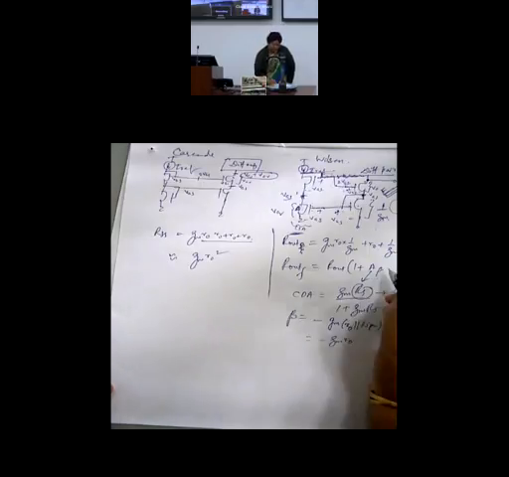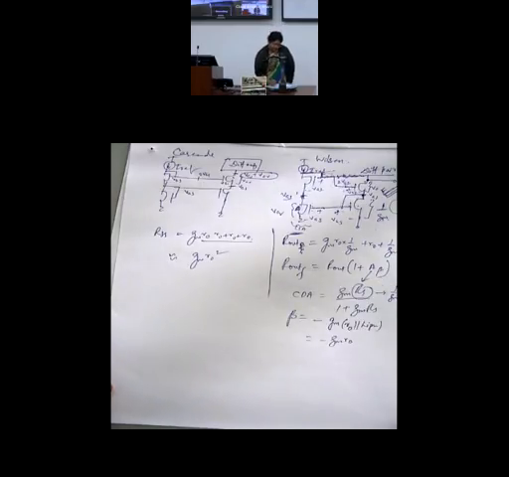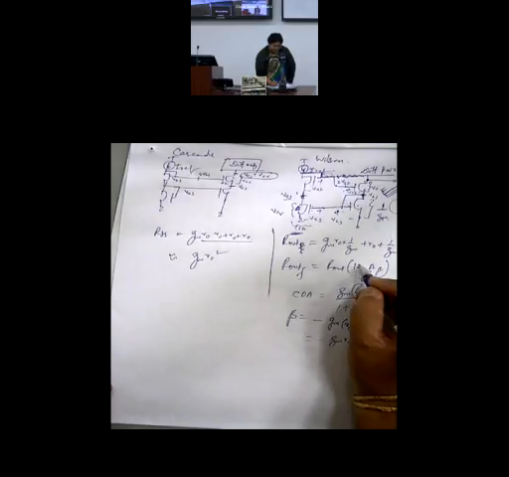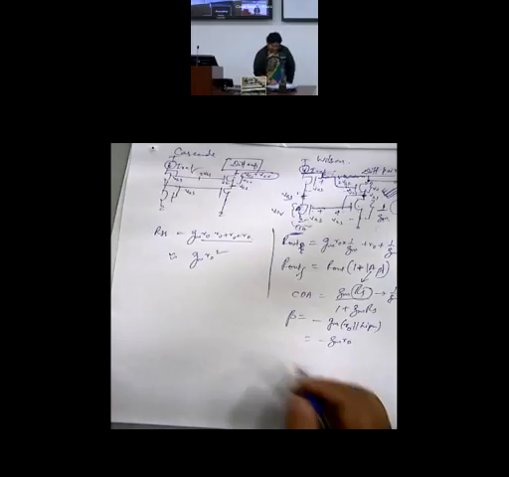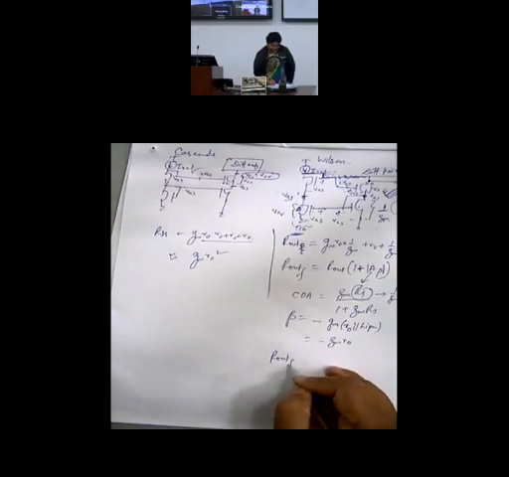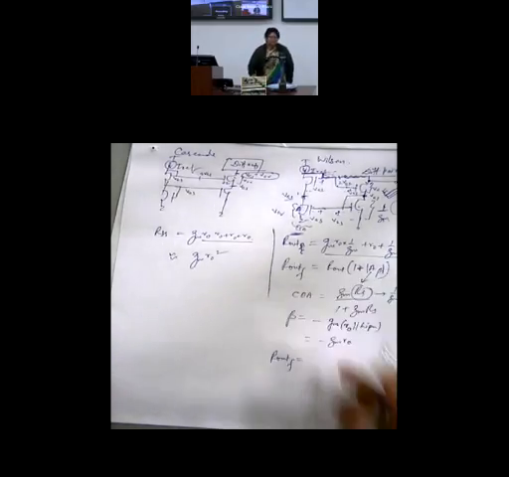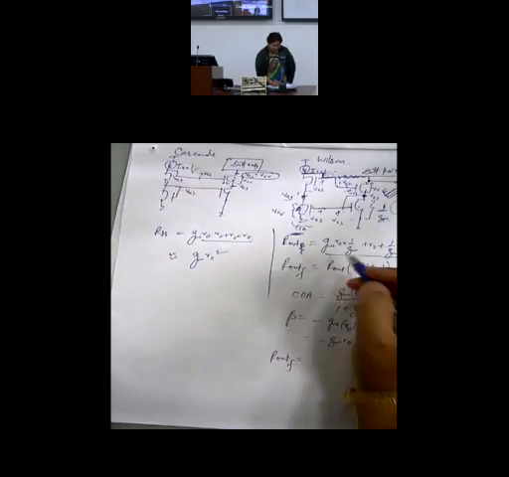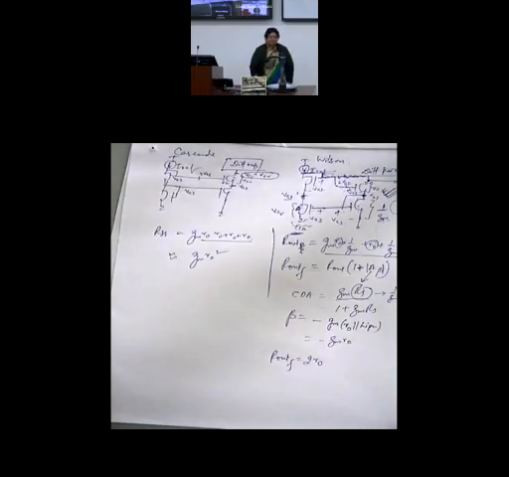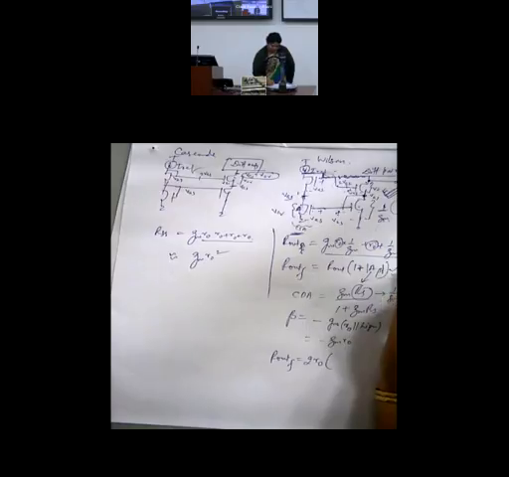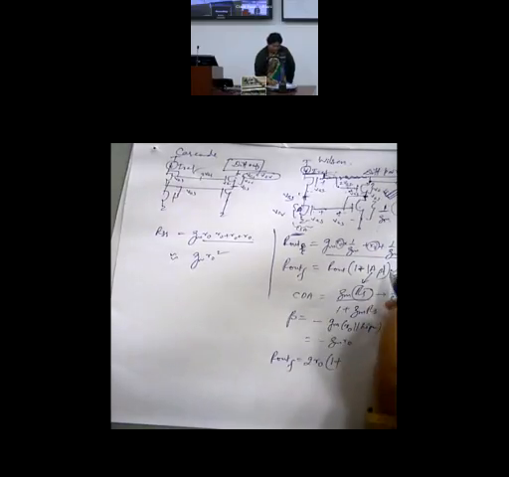So I have A and beta both with me. Remember, the negative is coming because this is a mod value. So I get an R out of X as initial value. This is RO, this is RO, 2 RO. So 2 RO into 1 plus A beta. What is A?